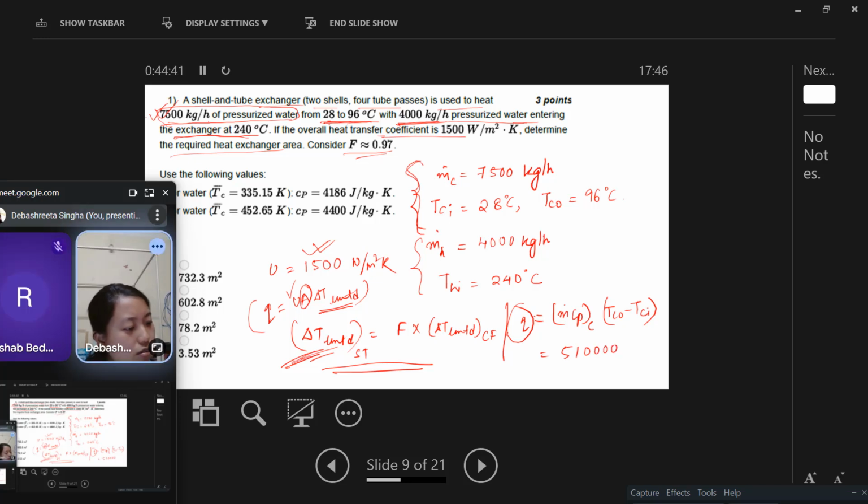Okay, now calculate delta T LMTD for shell and tube.